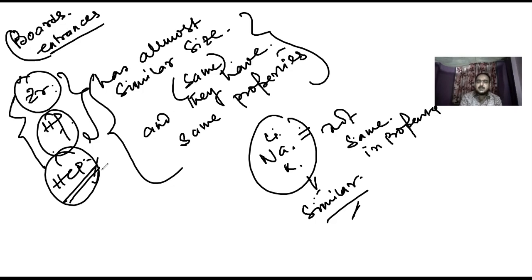That means the increase in size from zirconium to hafnium will be cancelled out, or quenched, by the decrease of size due to the effect of the lanthanoid contraction, as it is a post-lanthanoid element.